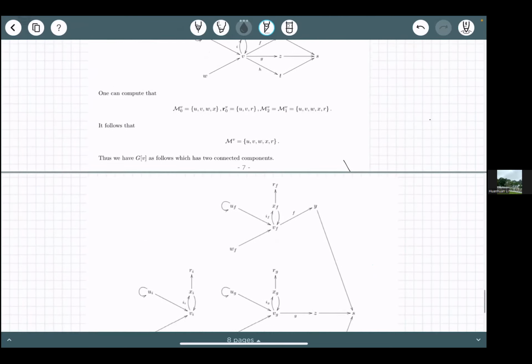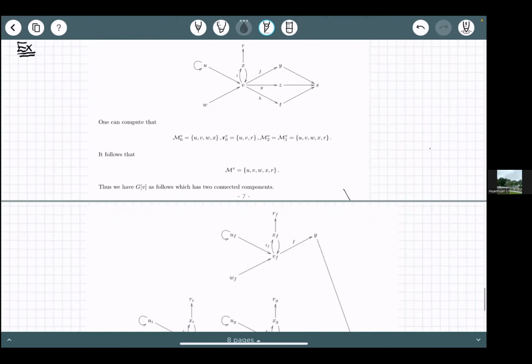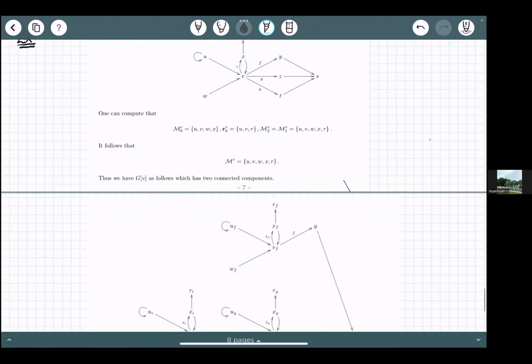So for this bifurcation V, we can see it's split. This is the loop, it's split in that part, and this is split. We think it's split in this way.